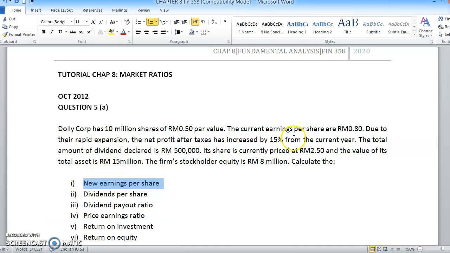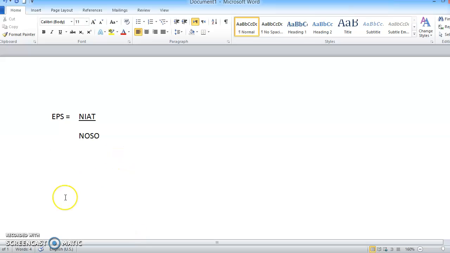Meaning that this is not EPS 0, this is EPS 1. This is the new EPS. This one is the current or past one. So we need to calculate the new one after the projection of sales and profit and so on.